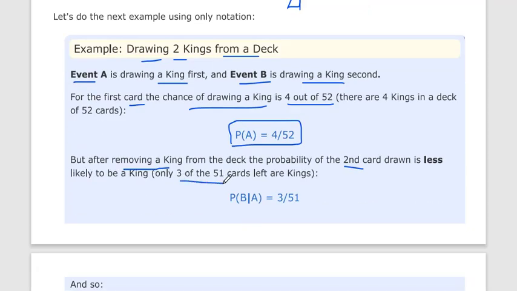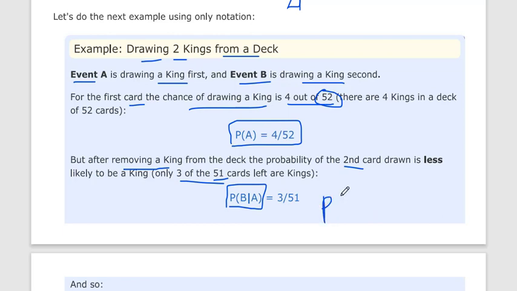It is only 3 out of 51. Why? Because after choosing one card, the total number of outcome cards will be 51, and there are now only 3 kings left. So the probability of B given A is 3 by 51.